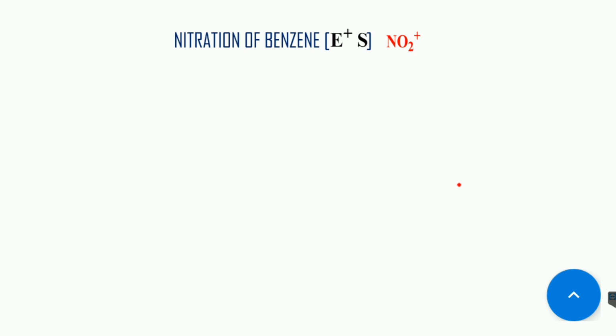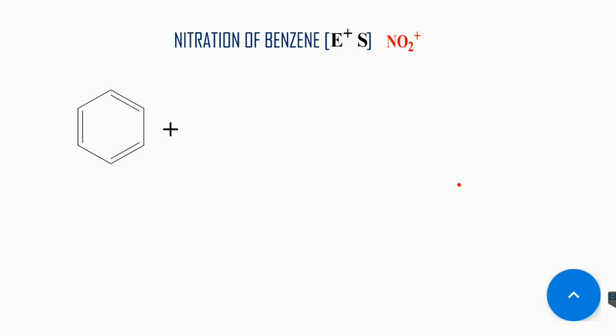For nitration of benzene, we are using NO2 plus as our electrophile. In nitration of benzene, the same thing will happen. Here is our benzene.